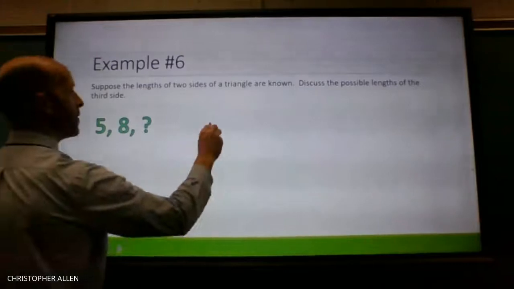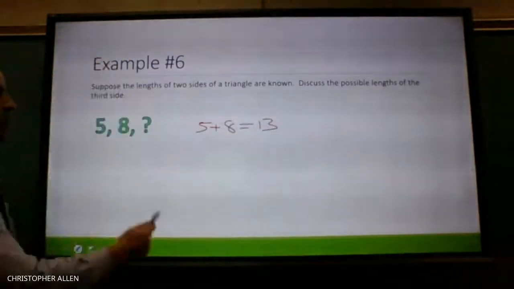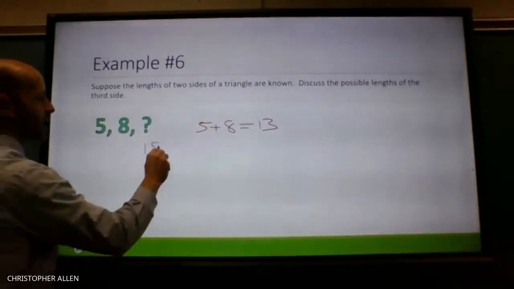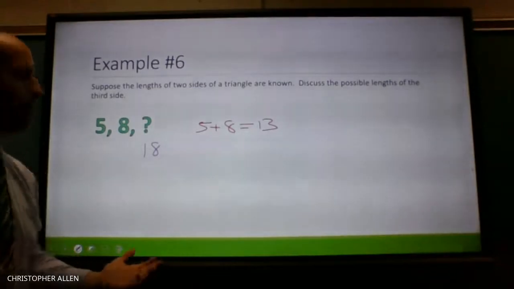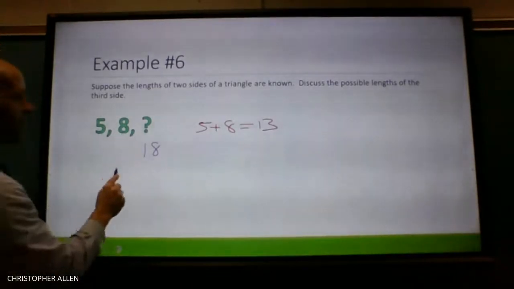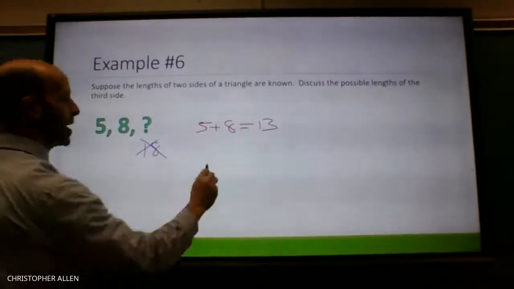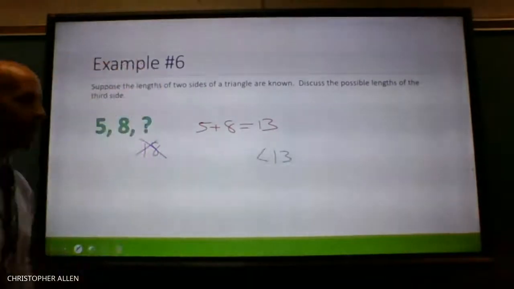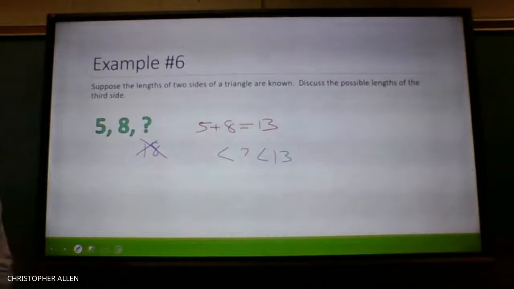Well, 5 plus 8 is equal to 13. So here's my question. Could this third side have a length of, let's say, 18? Well, no, it can't, because 5 plus 8 is not greater. So this is not possible. In fact, it has to be less than 13. And can anyone guess what the lower length has to be greater than?